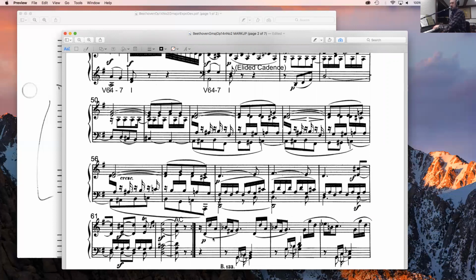Sort of just a little teaser there at the end. So that's the exposition to this piece. We'll get into the development together, but make sure you look through that. See if you can find pre-core, core, sequences as they're standing on the dominant, all that fun stuff.